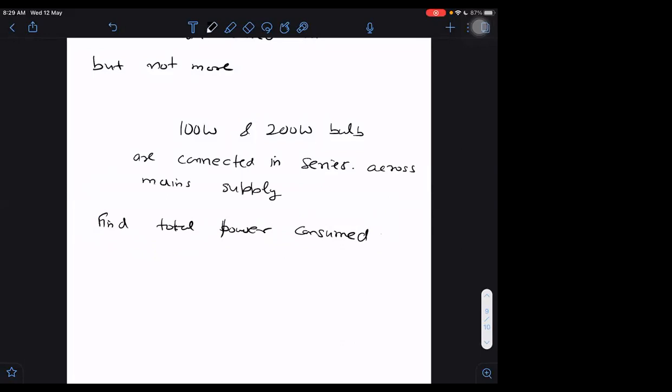Find total power consumed. Main supply means 240 volt. That is our question now.